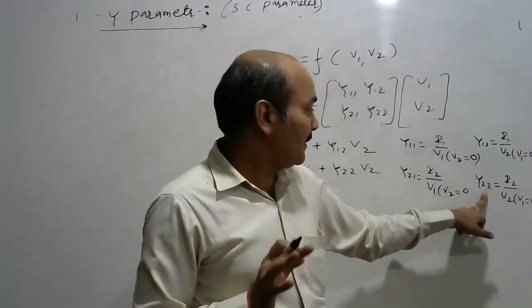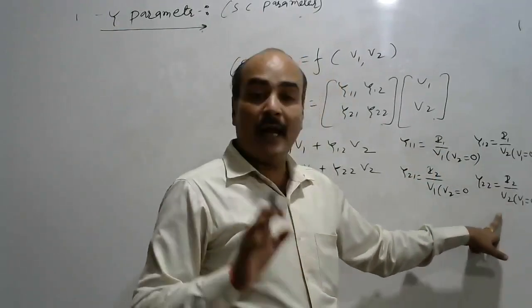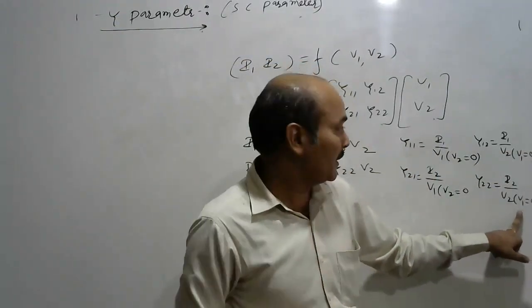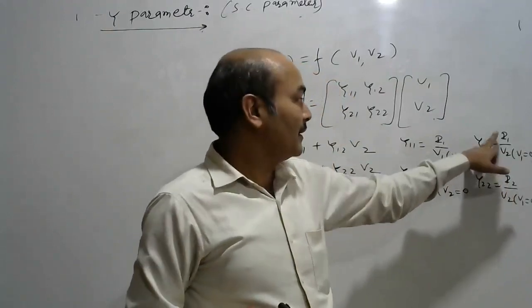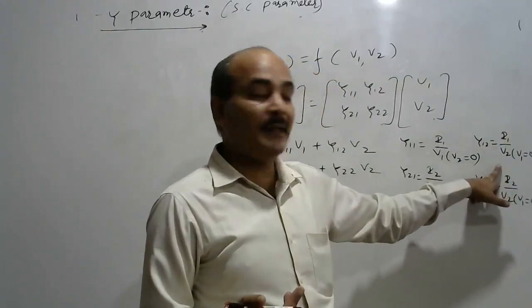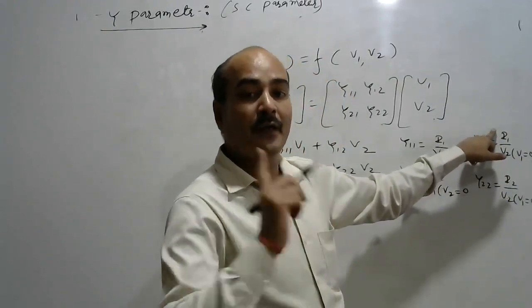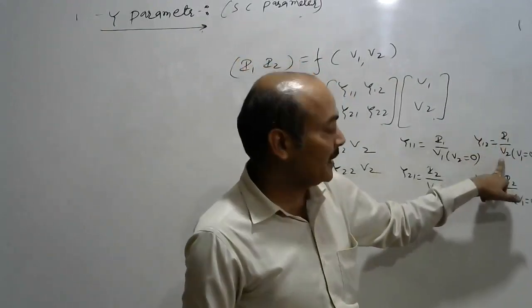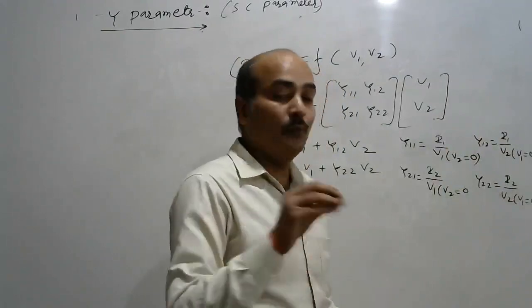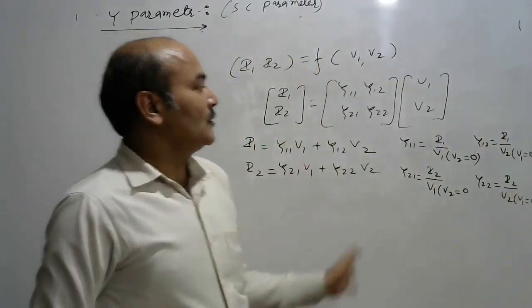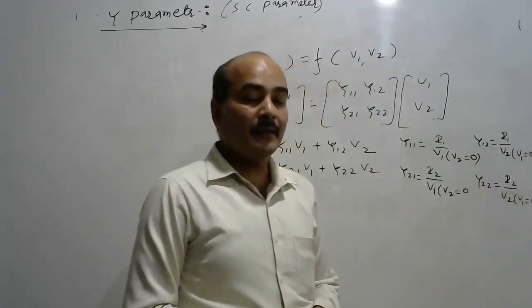Similarly, how can we define y22? This is output admittance with input port short circuit. Y12 is I1 over V2. So it is reverse admittance, because it is the ratio of an input quantity to an output quantity, with output voltage short circuit. Clear? So these are all my parameters.